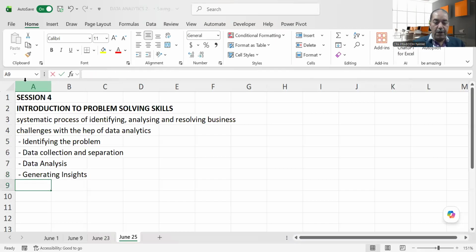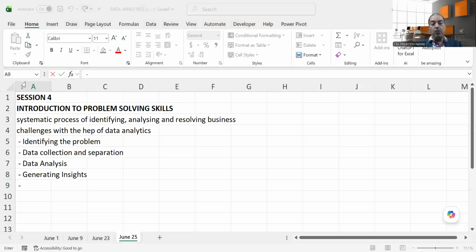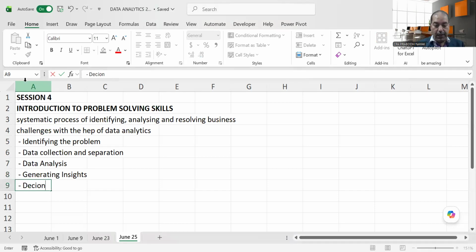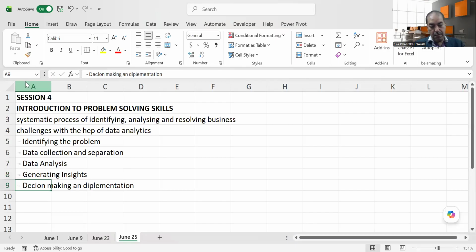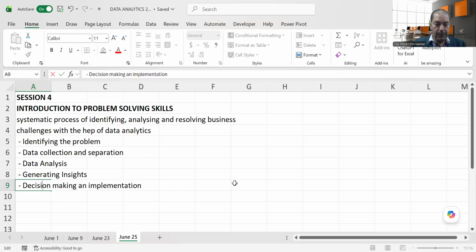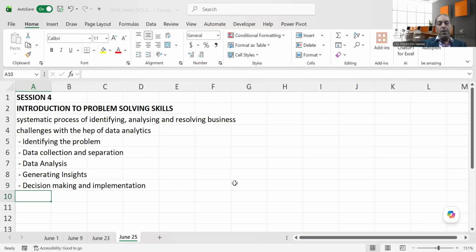And finally, you are going to have decision making and implementation. Okay. So these are the things which are involved in the problem solving skills.